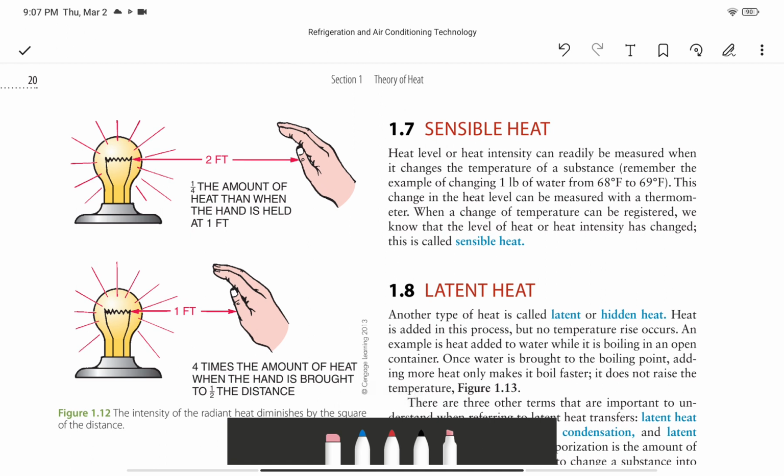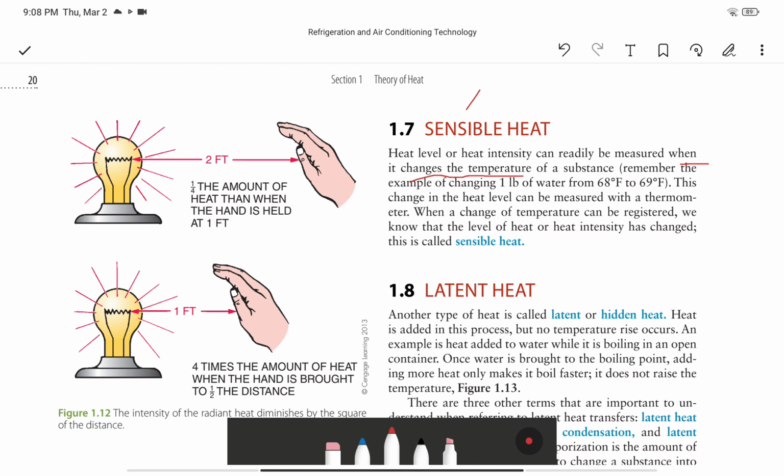One is sensible. It is something that you can feel, you can feel that it is there, it is more, it is less, it is medium. So we call it sensible heat. Sensible heat level or heat intensity can readily be measured when it changes the temperature of a substance.